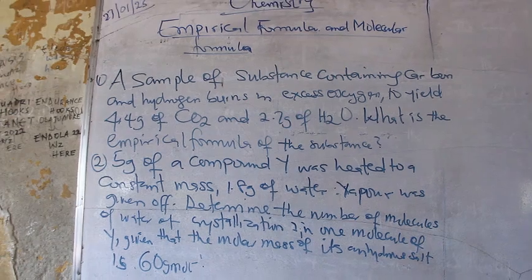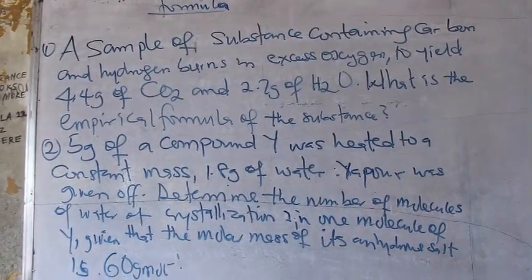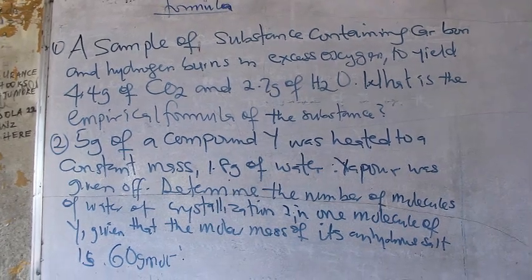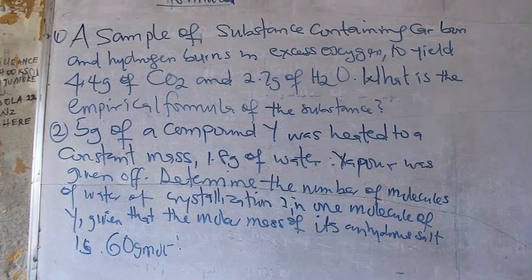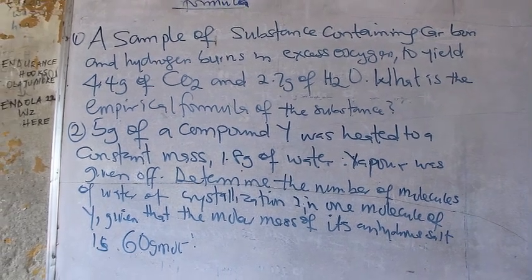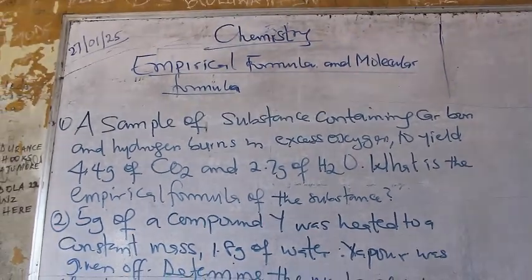A sample of a substance containing carbon and hydrogen burns in excess oxygen to yield 4.4 grams of carbon dioxide and 2.7 grams of water. What is the empirical formula of the substance?